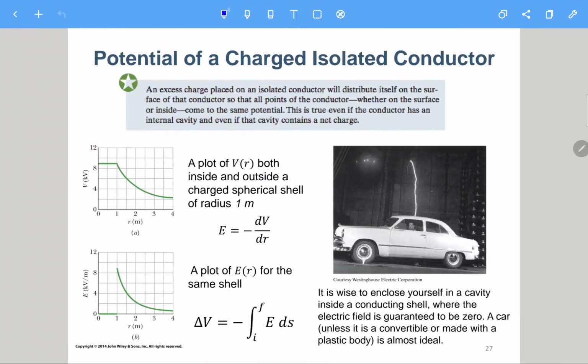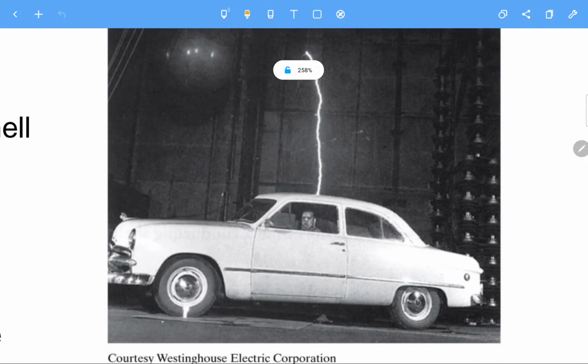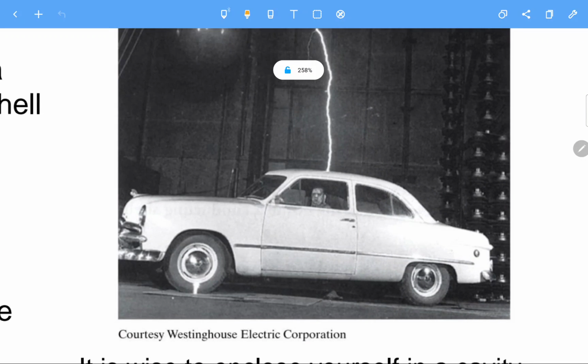Okay, so next, here we talk about the potential of a charged isolated conductor. So here, on the right side, this is a car, and this is a lightning hitting the car.